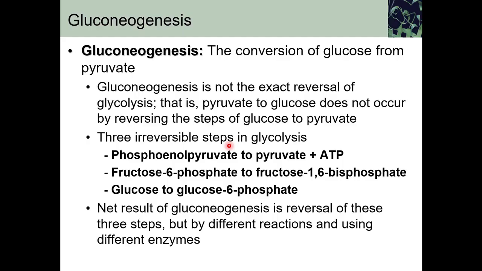As I mentioned some time ago, one of the important functions of the liver is the maintenance of blood glucose level. After some time, for example when you're fasting, the first thing that gets consumed, of course, are your glycogen stores.